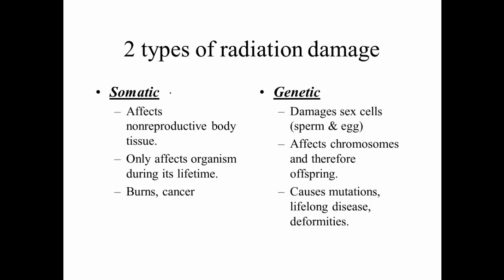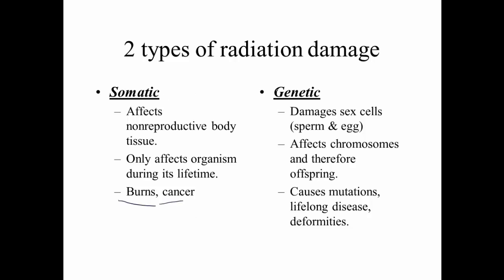There's two types of damage that can be caused, somatic or genetic. Somatic damage affects non-reproductive body tissues, and it typically is only going to affect an organism during its lifetime. So burns or cancer, if you get thyroid cancer as a result of radiation damage, that's just your thyroid. You're not going to pass that along to your offspring.